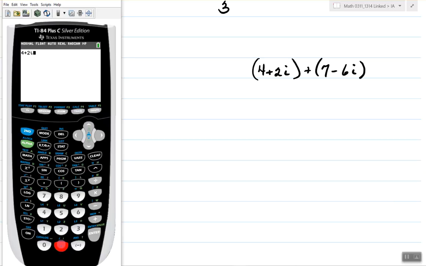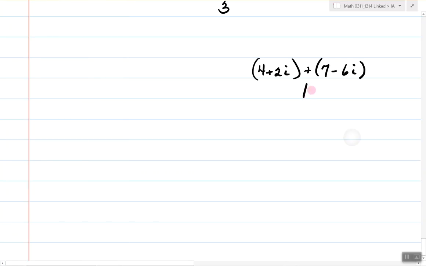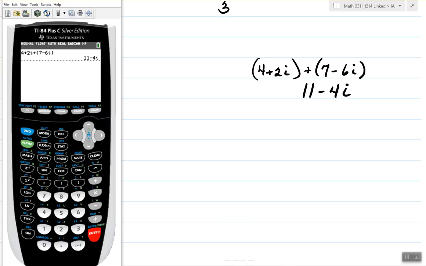I could have used parentheses, I left them off, it doesn't matter on addition, it would matter on subtraction. Plus, I should have done it as parentheses, 7, subtract, 6, second, period, close parentheses. Hit enter, and we get 11 minus 4i, and that's exactly what you would have gotten if you had just added the real parts and combined the imaginaries.